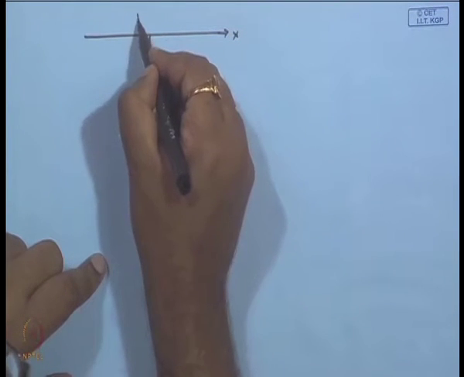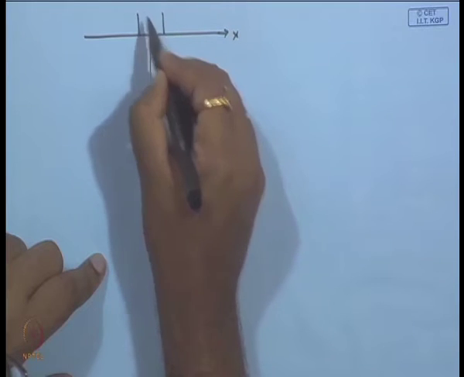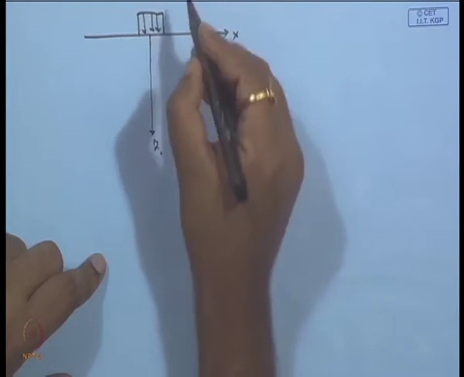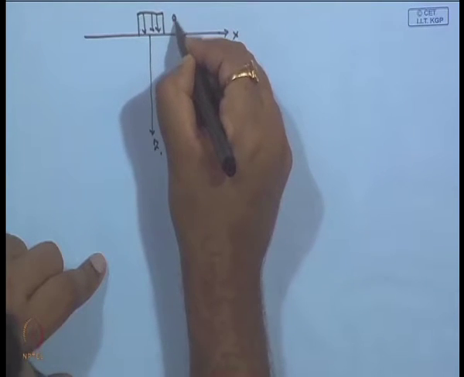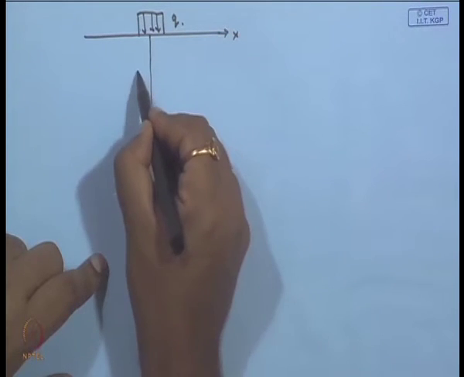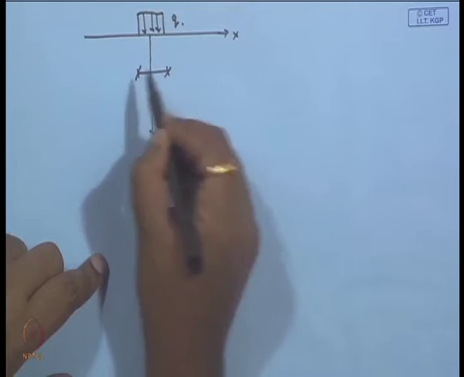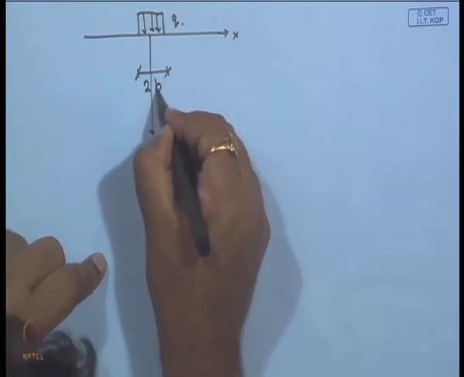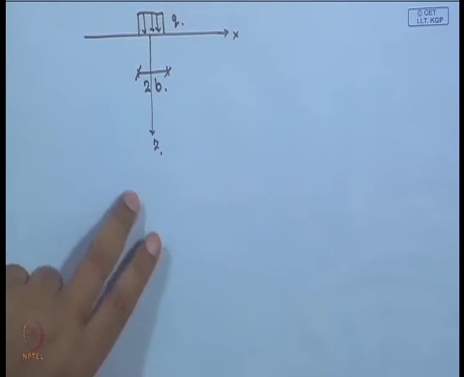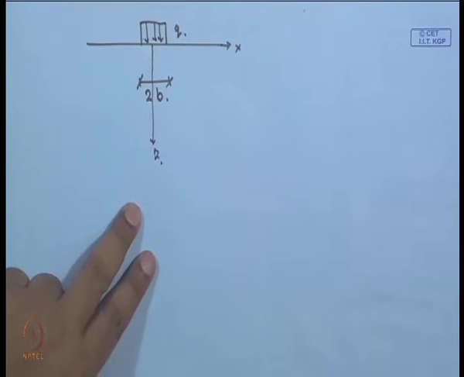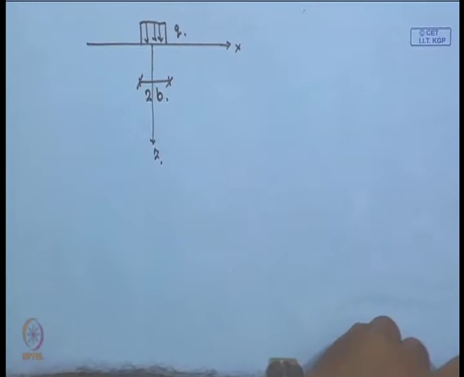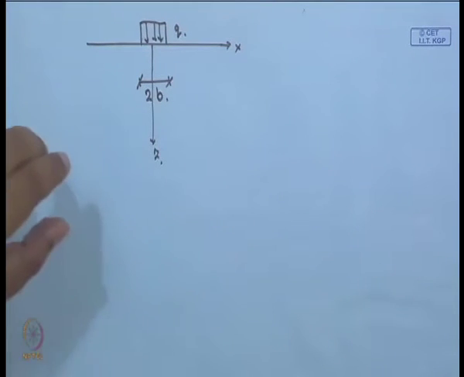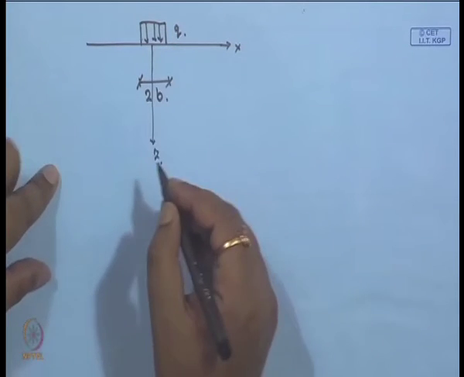One uniformly distributed load is applied, whose intensity is q, and the width of this loaded region is 2b. In that case we will get another expression for the displacement of the surface of the half plane subjected to uniform distributed load.